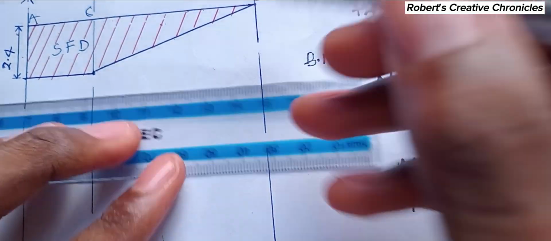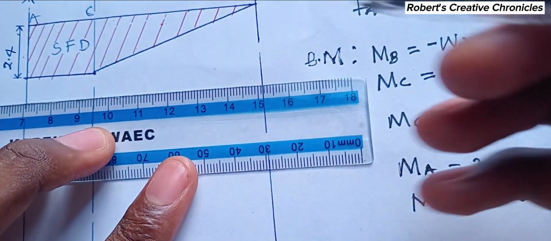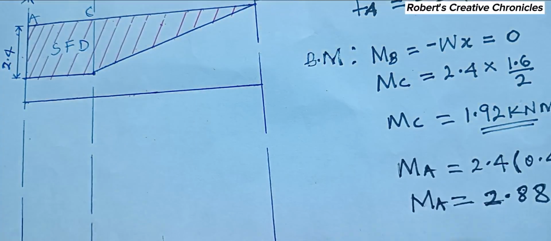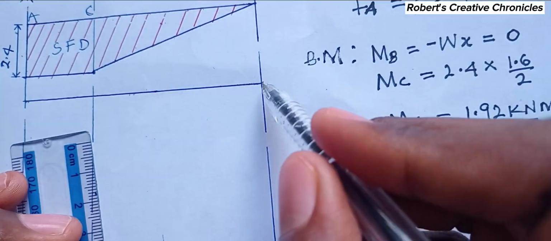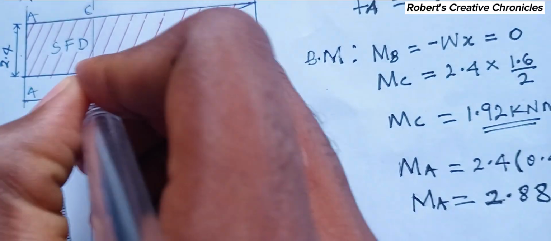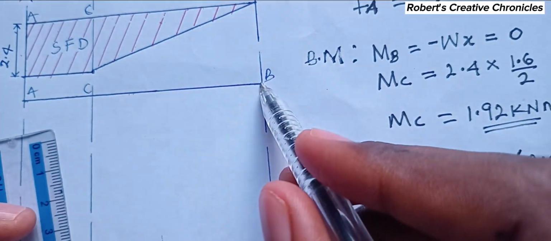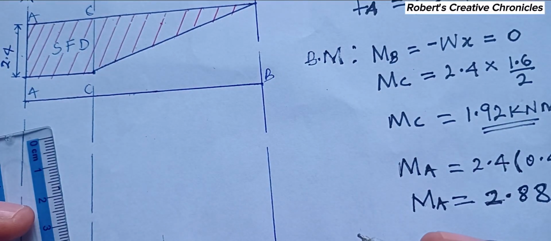The bending moment, you draw in the same way. You draw a horizontal straight line. Then the bending moment at B, here is A, C, B, is 0. In the same way, mark 0 there.